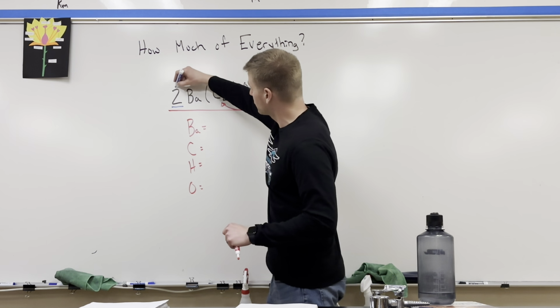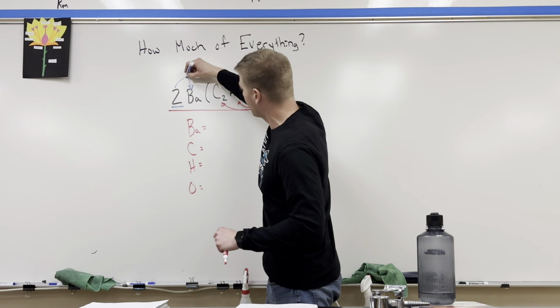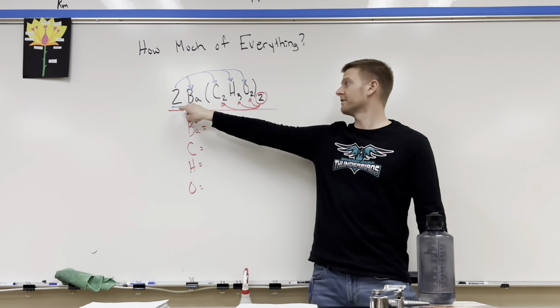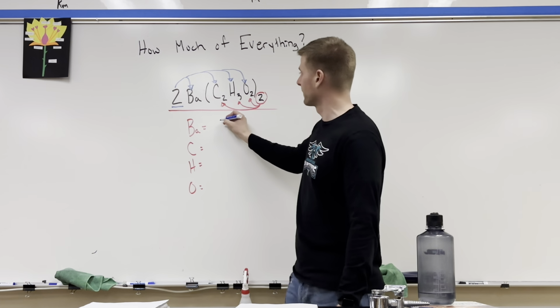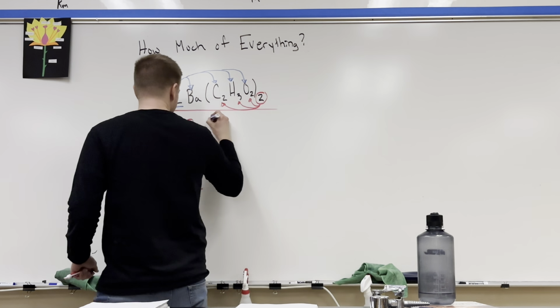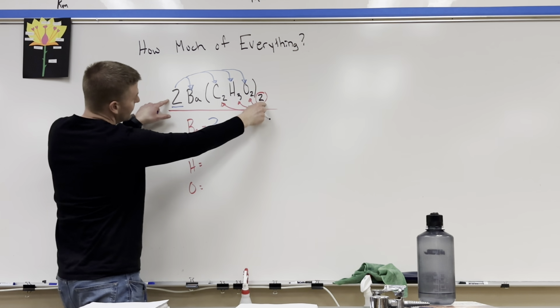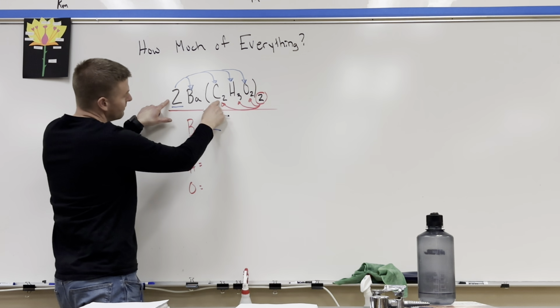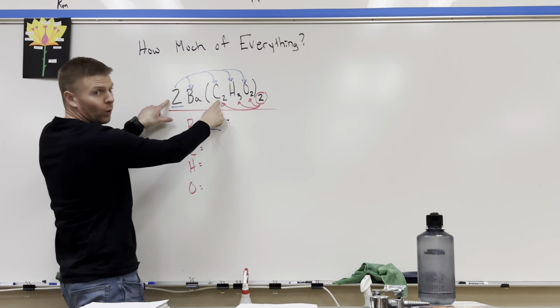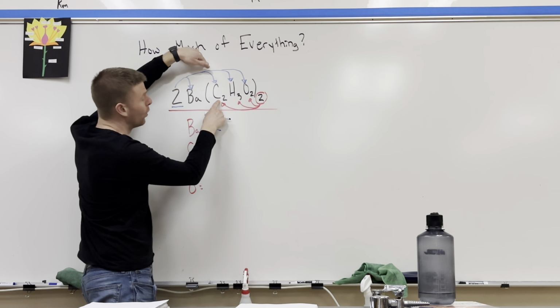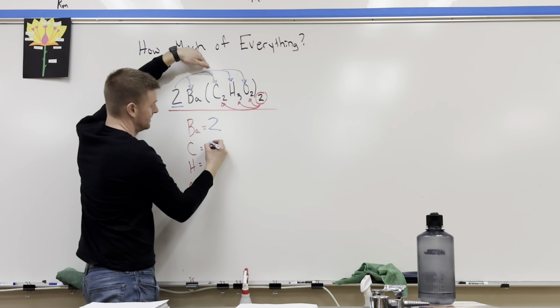All right, now we also have this coefficient. This coefficient goes to everything. So in this case, we have 2 Ba, or 2 barium. Now we also have 2 coming over here. So 2 times 2 is 4 carbon, times another 2, so 4 times 2 is 8.